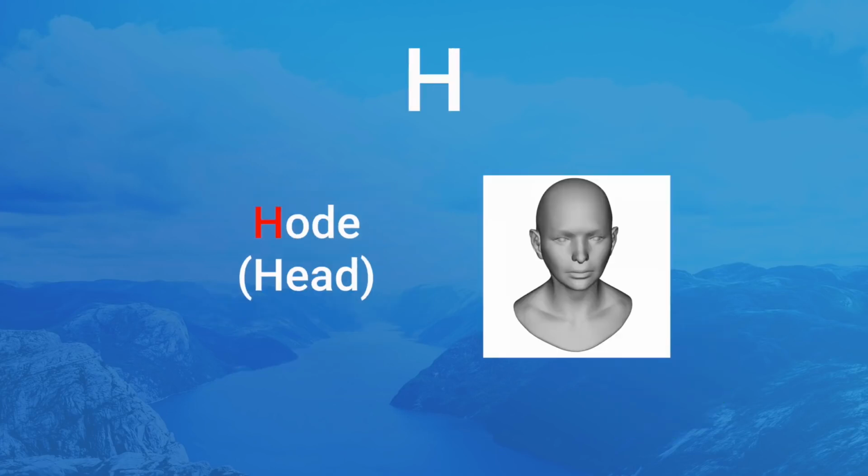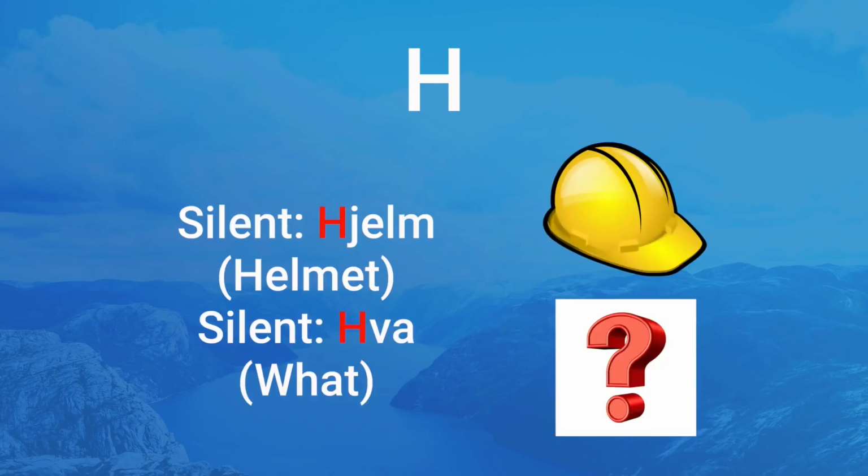H, hode. The H can also be silent. This is typically when the H is followed by a J or a V, and these usually occur in the beginning of a word.